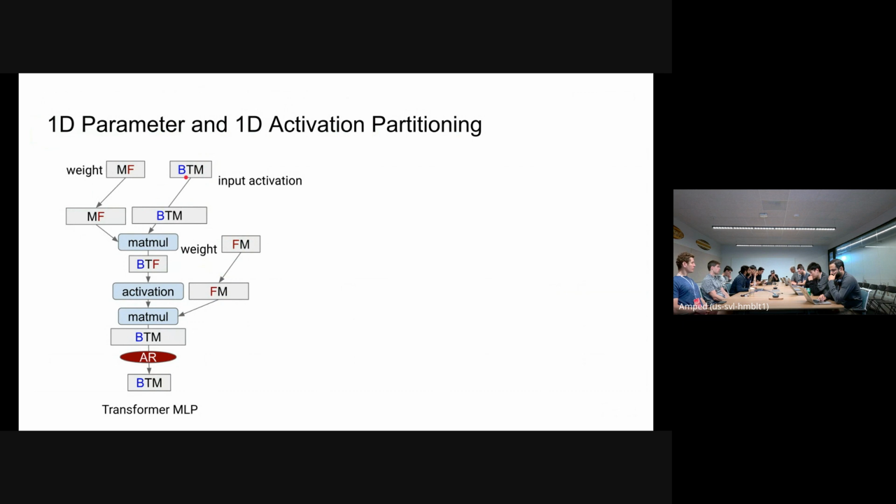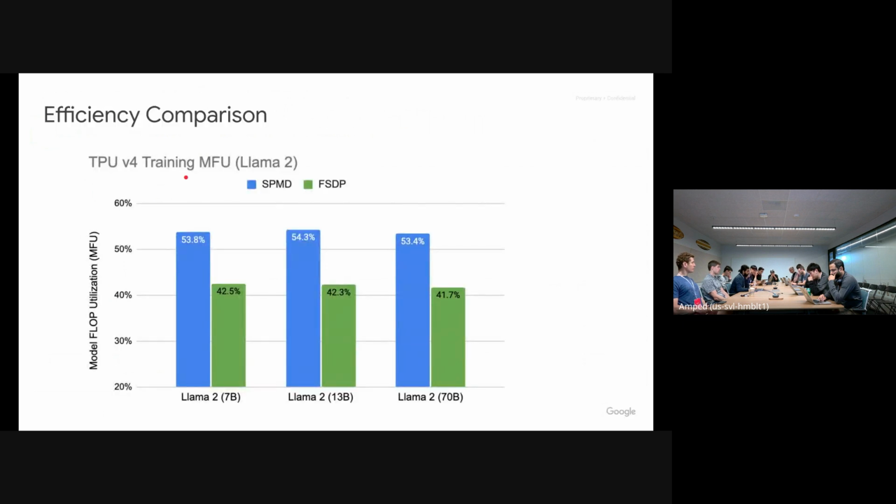Just a quick question regarding the recipe. You said if D model is much greater than number of tokens, is this the local number of tokens or global? Let's say you have a batch size of 2 samples per chip, and you're using a context length of 4096, then that is 2 times 4096, which is 8K.